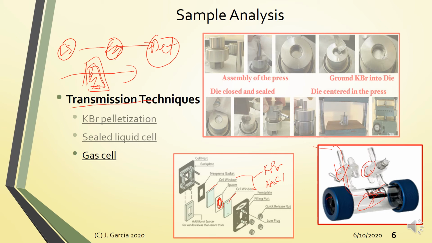Pero doon sa magkabilang ends you have also your KBR windows or sodium chloride windows. So yung ilaw dito magpa-pass through. Alright, so again, may accessory yan sa loob ng FTIR na ipapatong mo lang ito, and you can measure now the IR spectra for gases. Okay, so pag sabing transmission techniques, yung infrared tumatawid sa mismong sample natin.